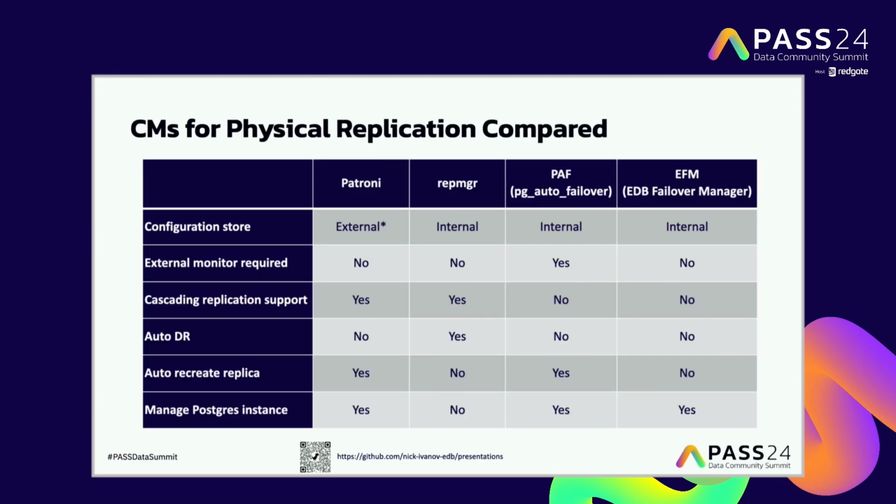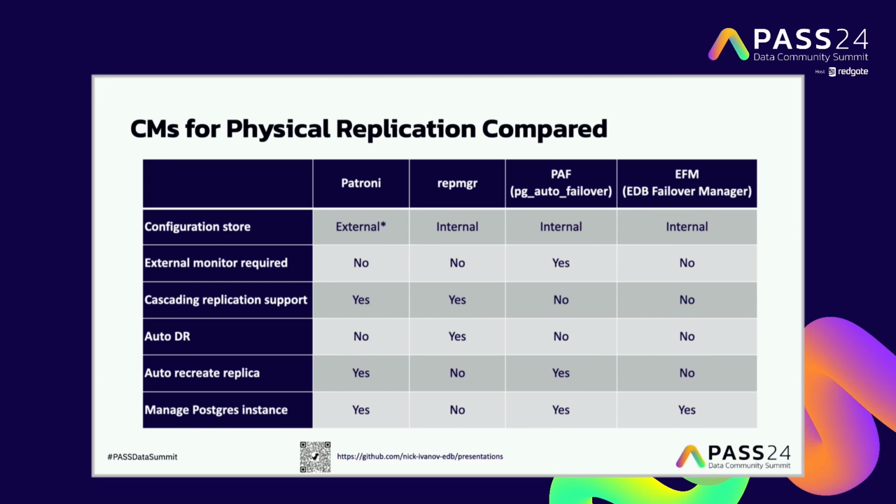So now going back to the question of what happens and why it's maybe different, because there are several options of failover managers or cluster managers for Postgres which you can choose from, and they all behave differently.